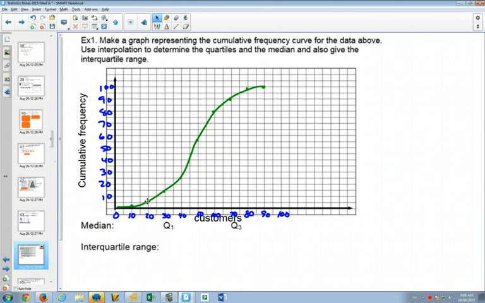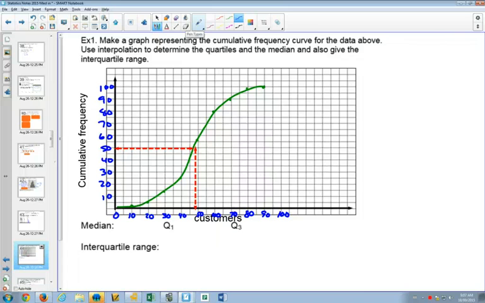Now, if there was 100 people, where would your median be? Between 50 and 51? So if we wanted to get an estimate for the median from our cumulative frequency curve, what we would do is we would take our frequency at 50 and then go straight down from there and estimate our median from that.